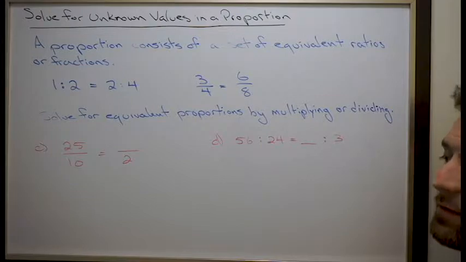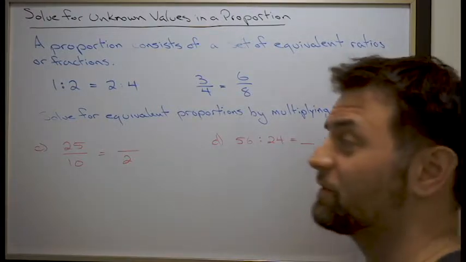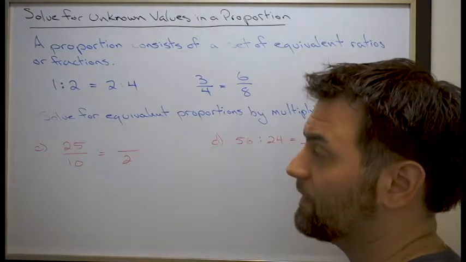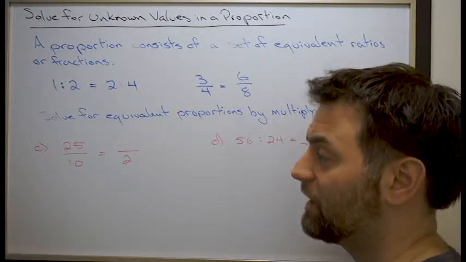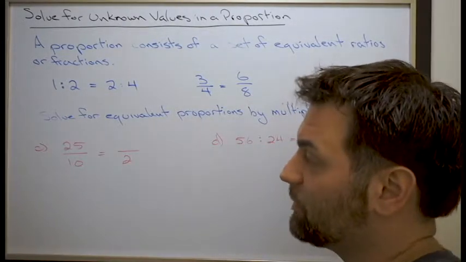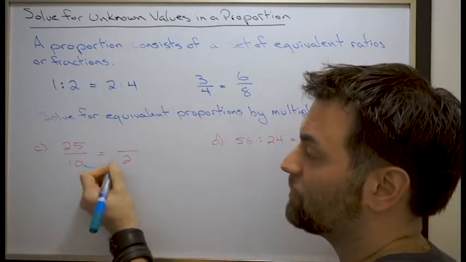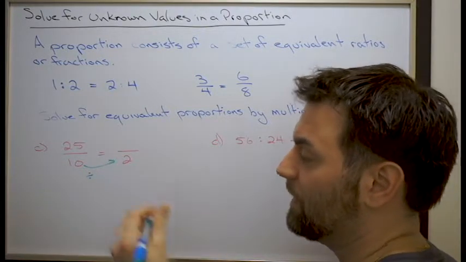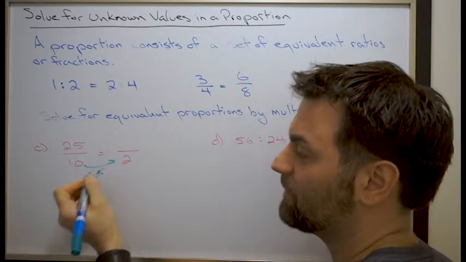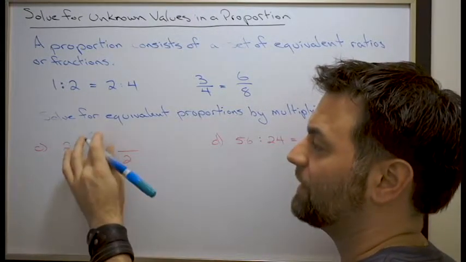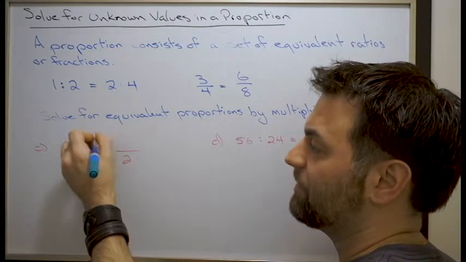So for these next two here, we're going from larger numbers to smaller numbers. In the first case, we have 25 tenths, or 25 over 10, and we want to take that down to something over 2. So to go from 10 to 2, we're getting smaller, so we're dividing. We divide 10 by 5 to get 2. So then we're going to divide the 25 on top by 5 as well.